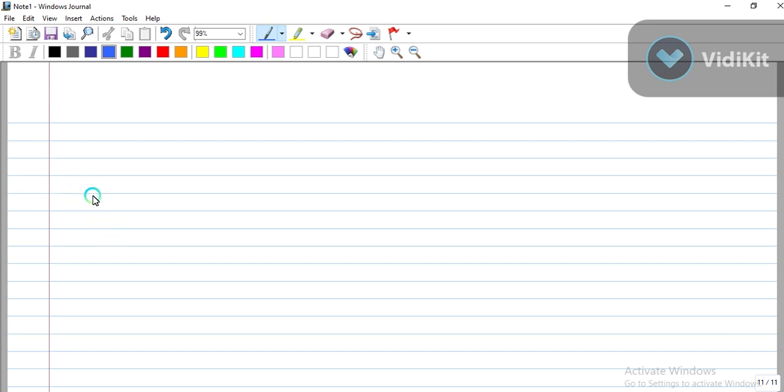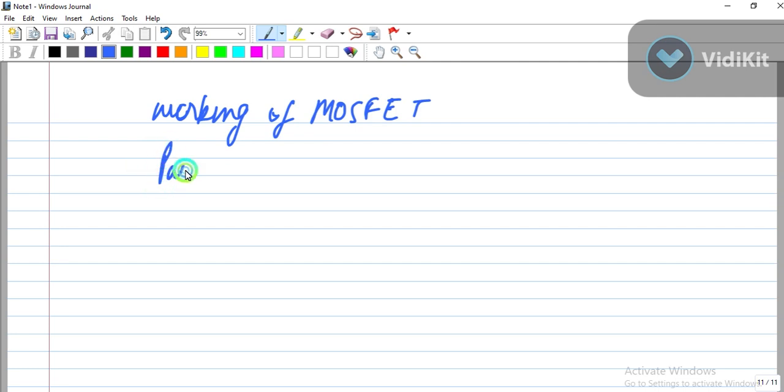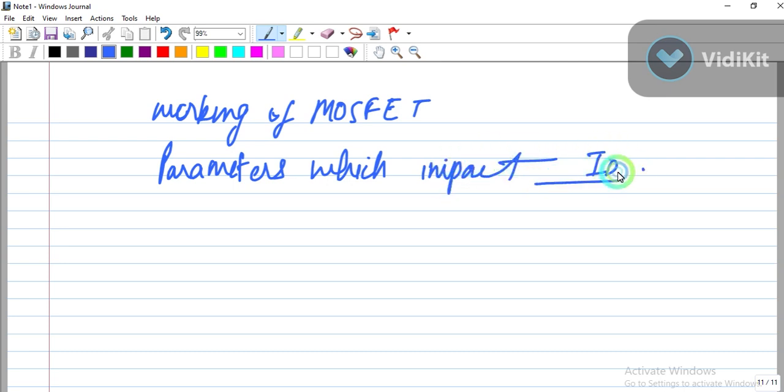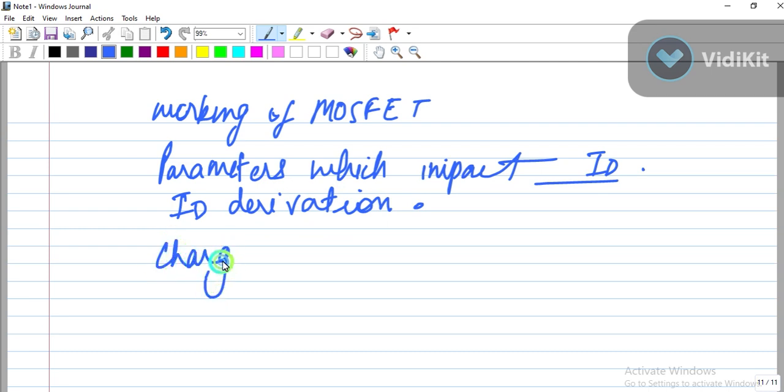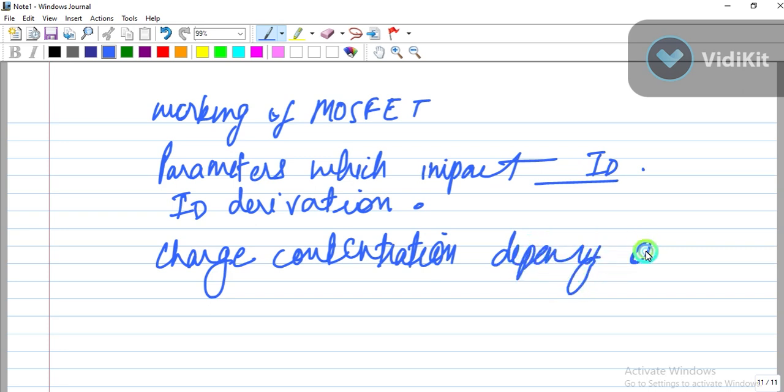In this lecture, we have covered the working of MOSFET, then the parameters which impact ID and how they are impacting, then we saw the ID derivation, then we saw the charge concentration dependency on VDS.